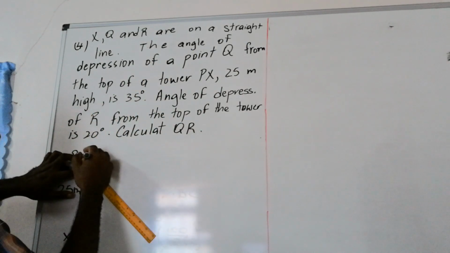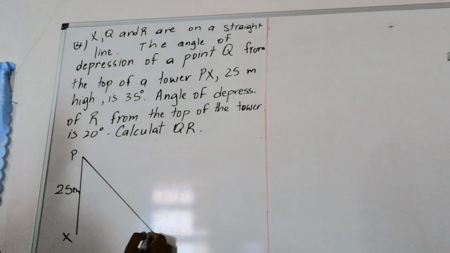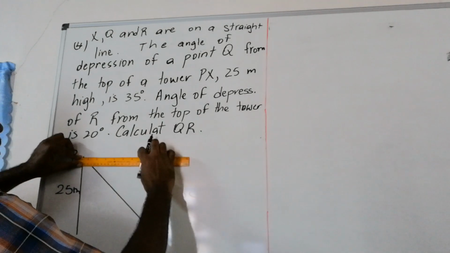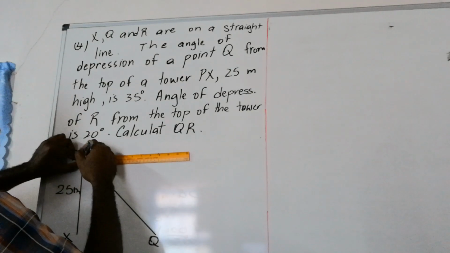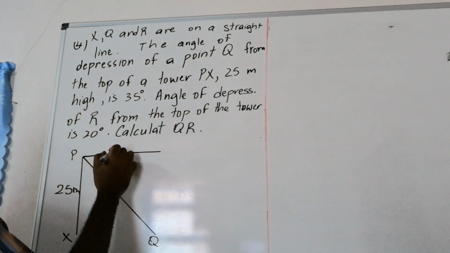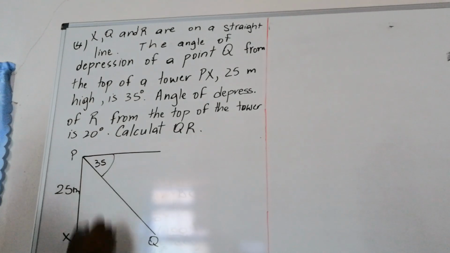So here we have Q. Alright, and the angle of depression, let's draw our horizontal line to help us to understand. So this angle of depression here is 35 degrees.